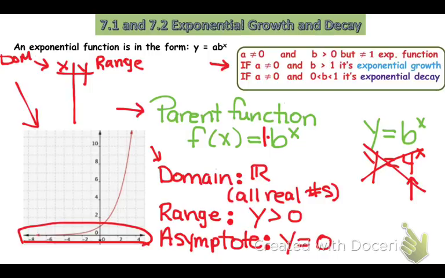So it's any value on the y-axis that's above the origin. Then there's the asymptote. The x-axis is the asymptote because the graph line approaches it closer and closer. So the equation for that line is y equals 0.